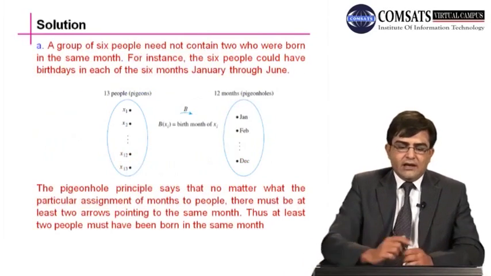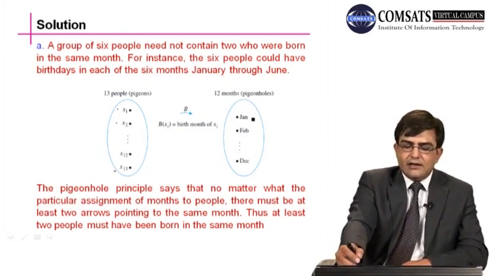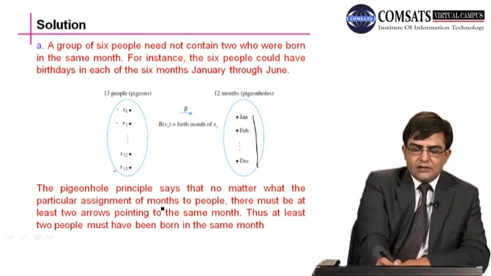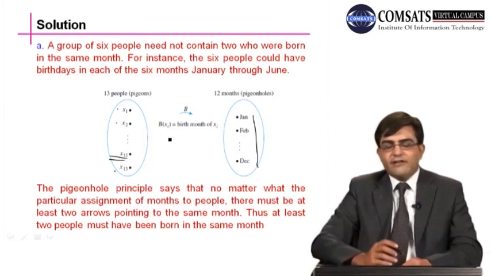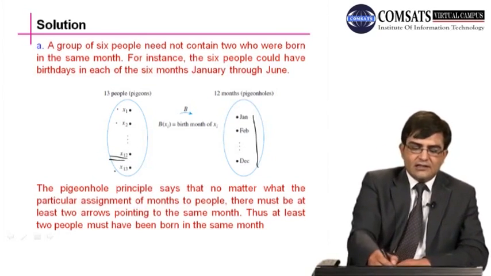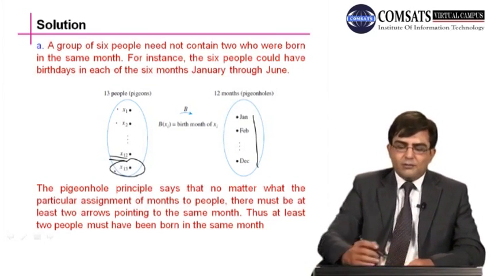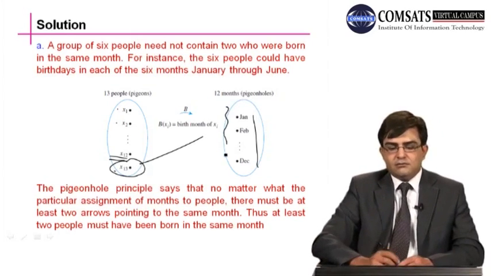So here if we have 13 people, 1 up to 13, and there are 12 months, January, February up to December. If 12 people are born in the 12 different months, then the 13th person must be born in one of these 12 months.